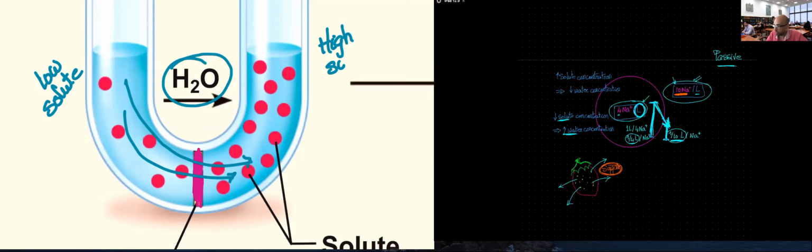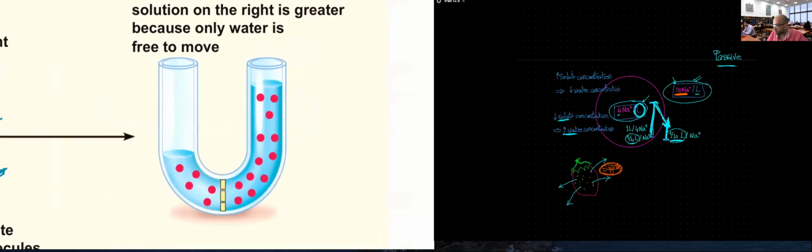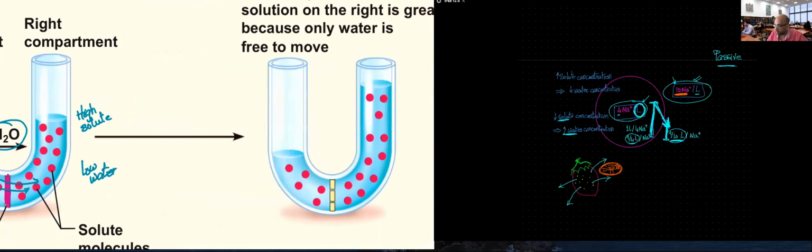Because remember, if I have low solute, I have high water, and having high solute means I have low water. So the water is the one that's going to be traveling from high water to the side with low water. What do we call this membrane transport? It's osmosis.